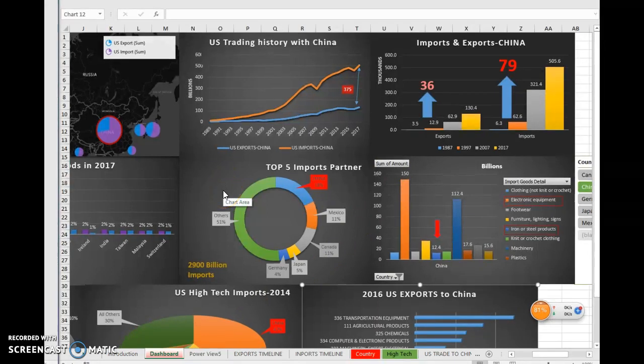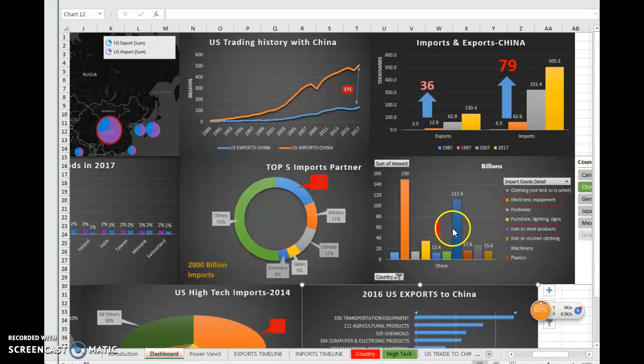The top 5 import partners are displayed as follows. The first one is China, which contributes about 18% of US total imports. From this chart, we can learn the top 10 products that US imports from China. The most important one is electronic equipment. It is about 115 billion US dollars.